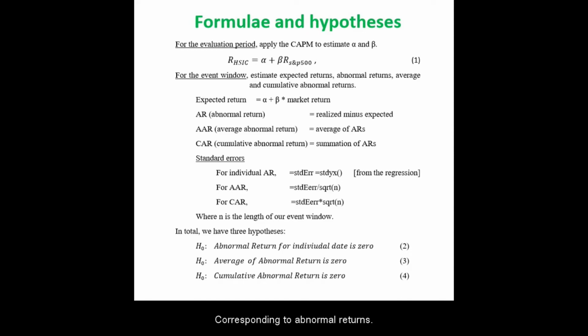Corresponding to abnormal return, average abnormal return, and cumulative abnormal return, in order to calculate their t-statistics, we need standard error. For individual abnormal return, from running regression, we have standard error STDERR.